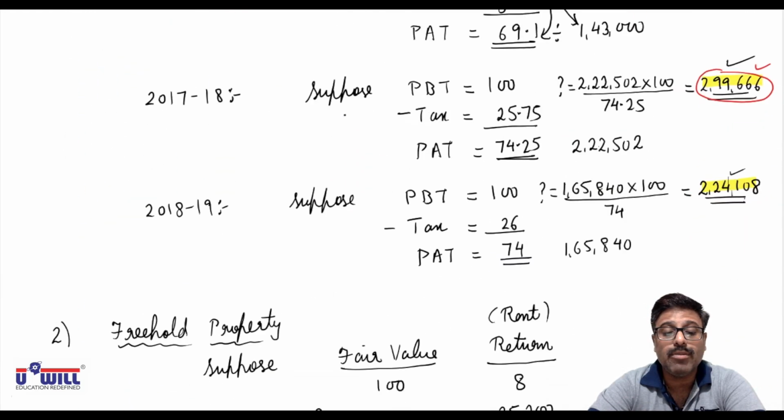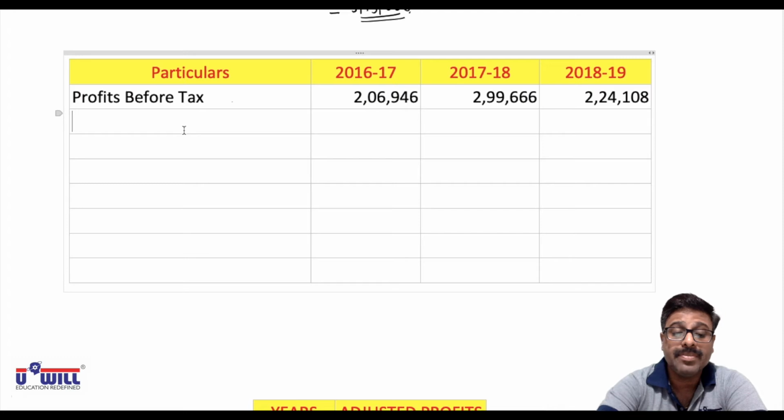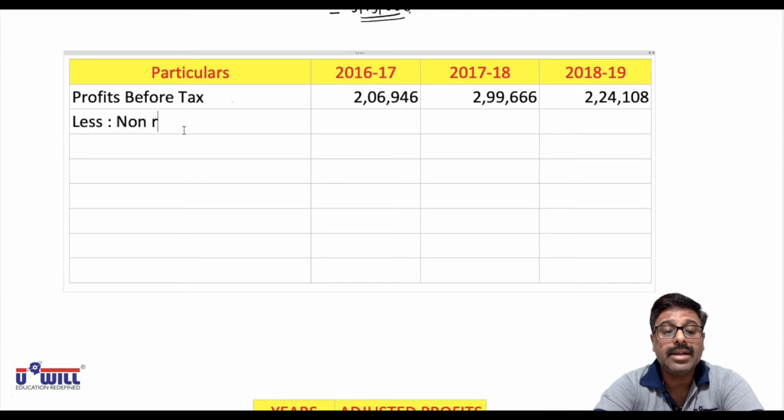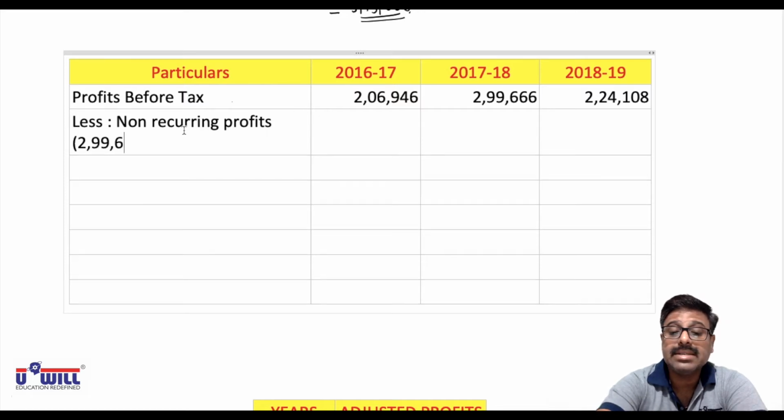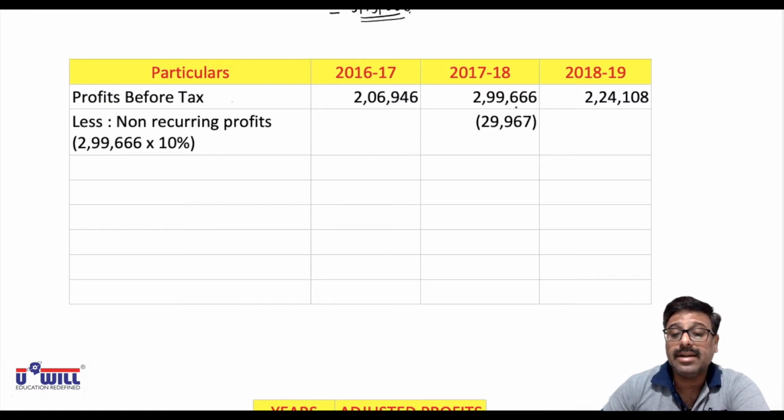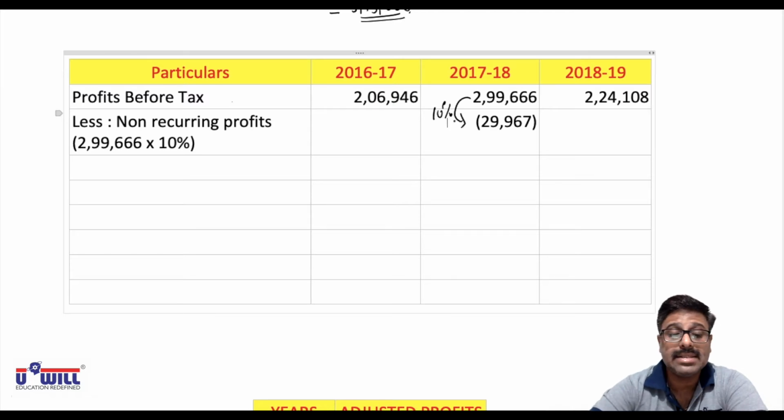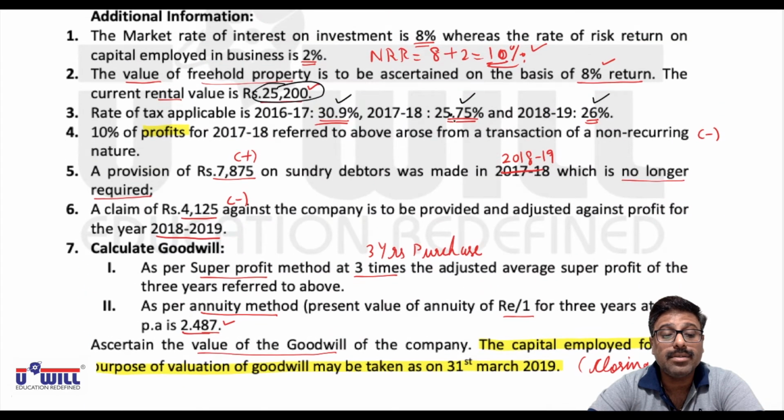So 17 to 18 we have to minus 10% as non-recurring nature, less non-recurring profits. 10% of 17 to 18, so 299,666 into 10% comes to minus 29967. Then adjustment 4 is done.